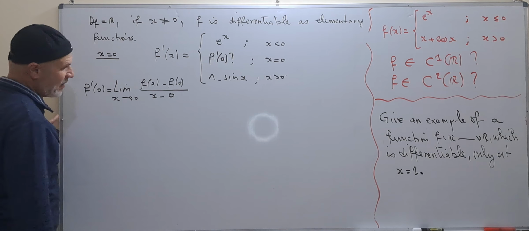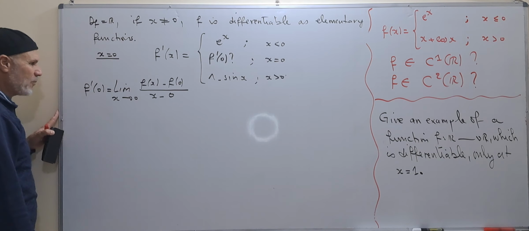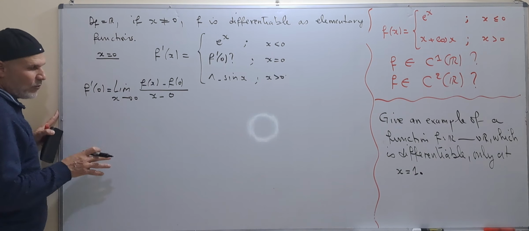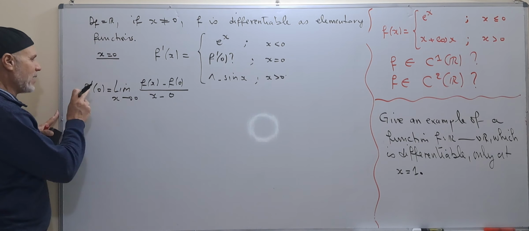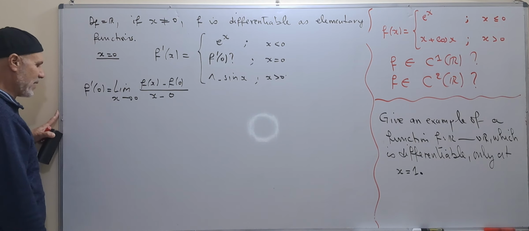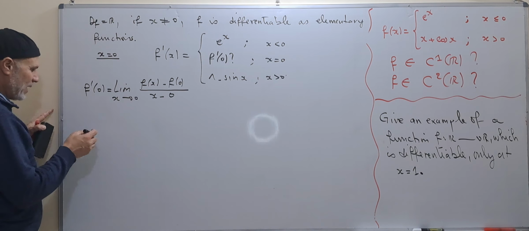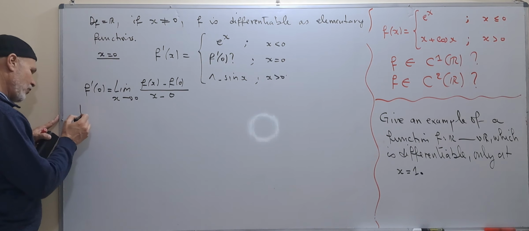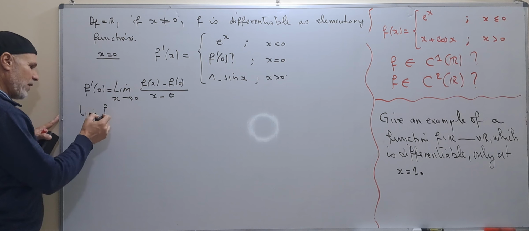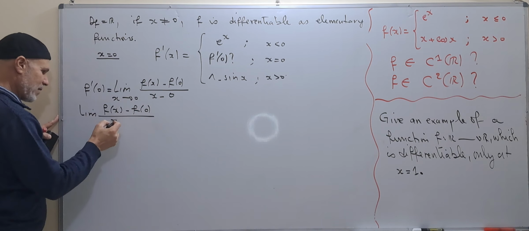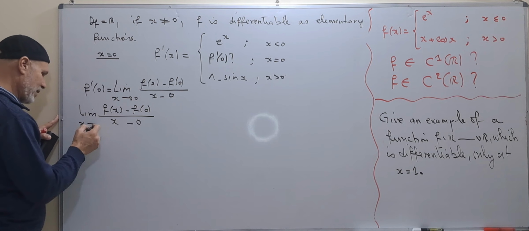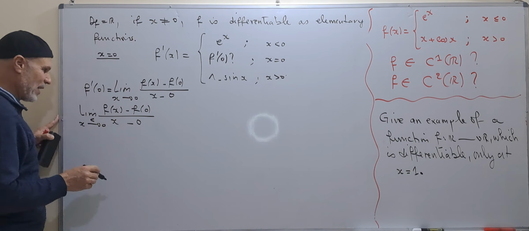We have two sides, from the left and from the right. If the two limits are equal, then we can say that they are equal to f prime of 0. From the left, the limit of f of x minus f of 0 over x minus 0 when x goes to 0 from the left.